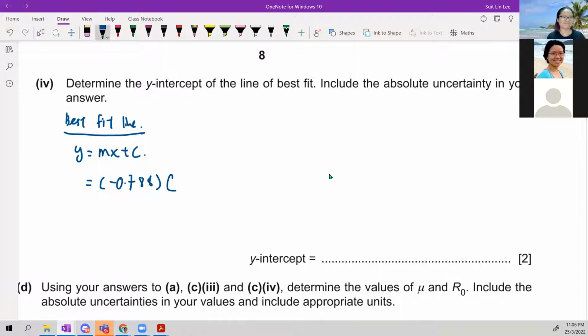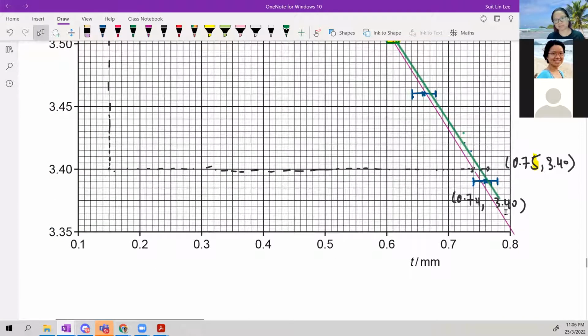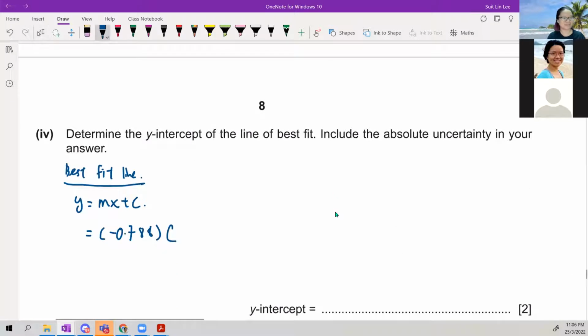Sure, go ahead. Best fit line 0.74, 3.4. So 3.400 equals negative 0.788 times 0.74 plus c. You find your c. 3.98. I do in speed mode.